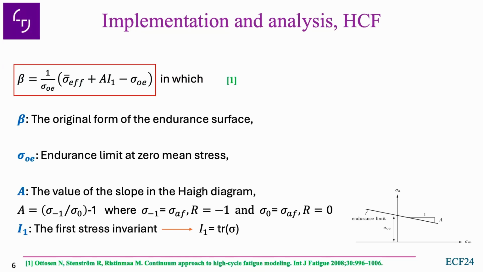And we can derive A based on this equation, sigma -1 over sigma 0 -1. In this equation, sigma -1 is the fatigue stress amplitude at fully reversed loading, and sigma 0 is the fatigue stress amplitude at pulsating loading. I1 is the first invariant, that is the trace of sigma.